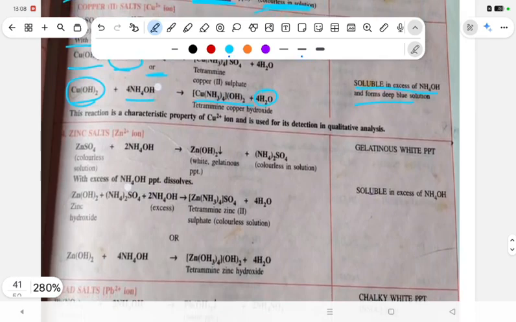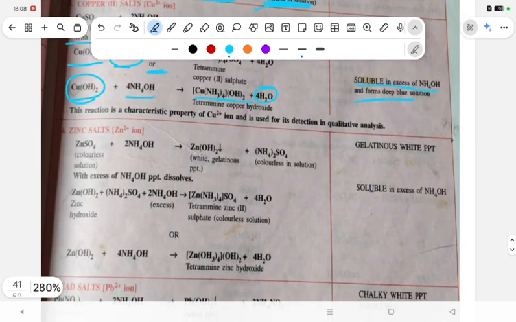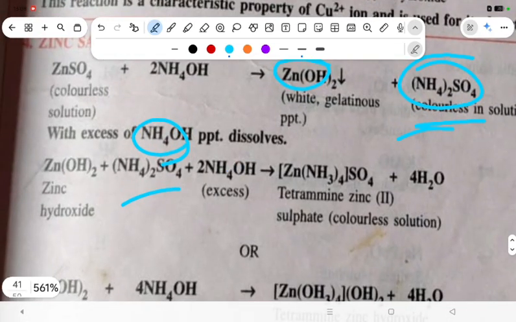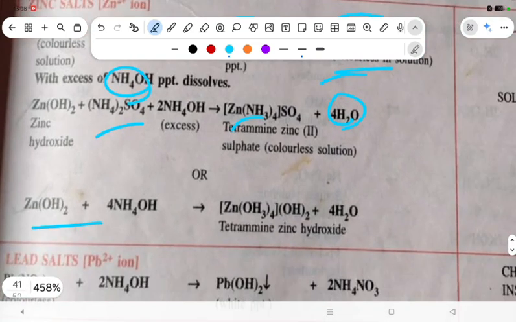Then zinc salts, ZnSO4 plus NH4OH give rise to Zn(OH)2, a white gelatinous precipitate, plus (NH4)2SO4, again colorless. With excess of ammonium hydroxide, zinc hydroxide plus ammonium sulfate plus ammonium hydroxide give rise to Zn(NH3)4SO4 and water, or Zn(NH3)4(OH)2 plus H2O.